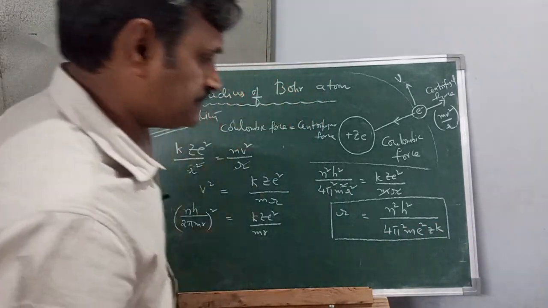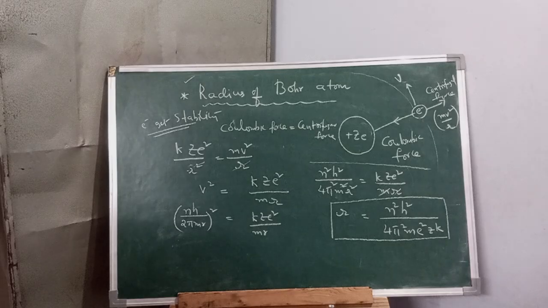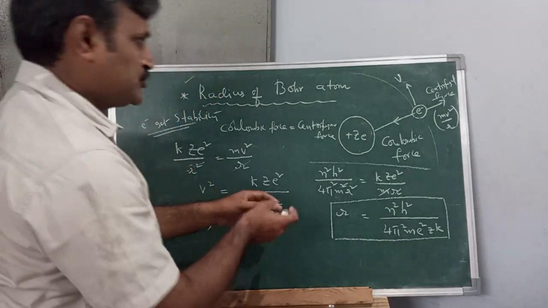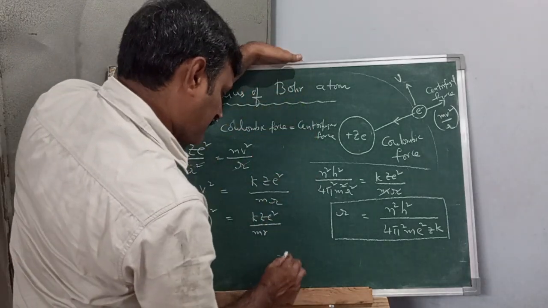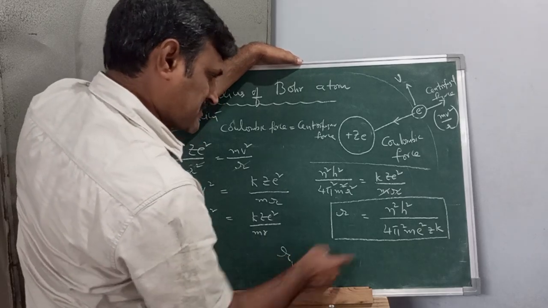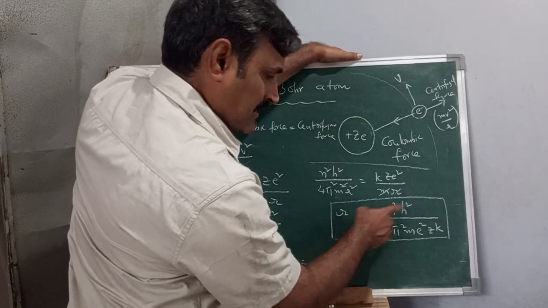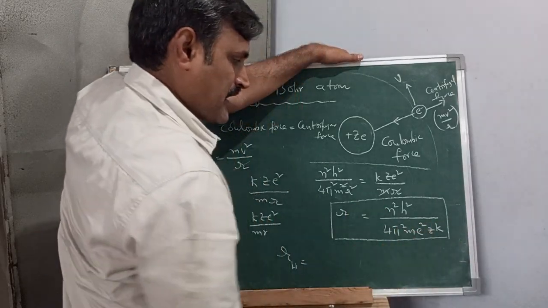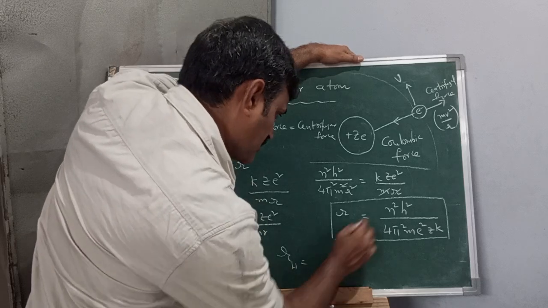In this formula, suppose you consider Bohr's hydrogen atom. For the hydrogen atom case, n value is 1, Z value is 1, and the rest of the values you substitute here.